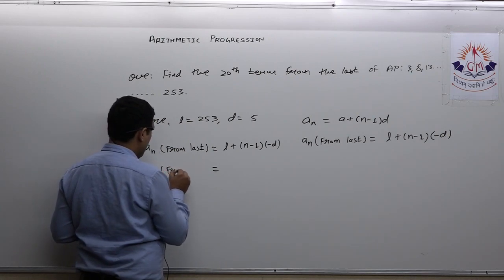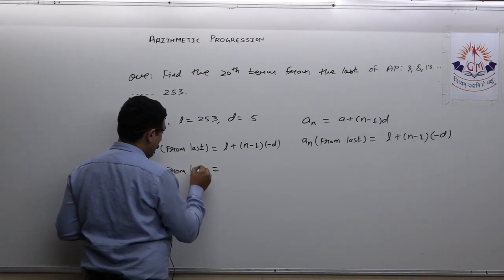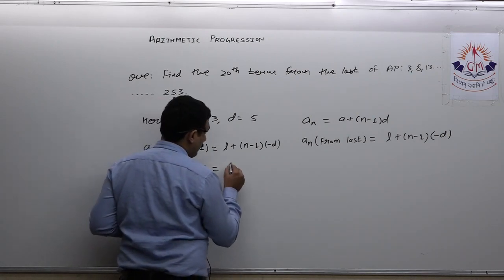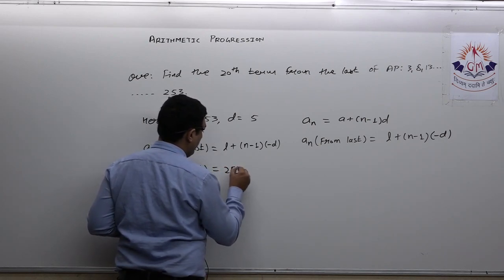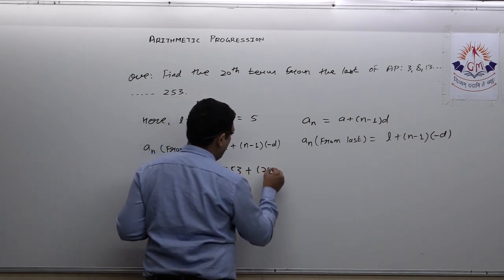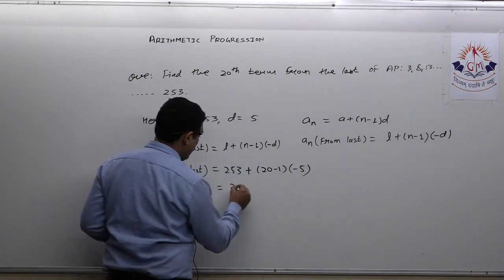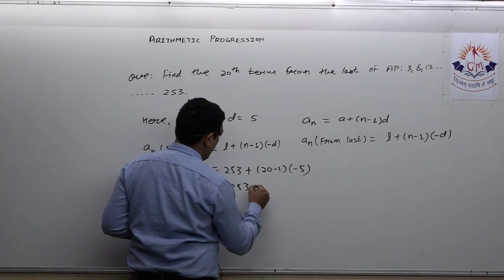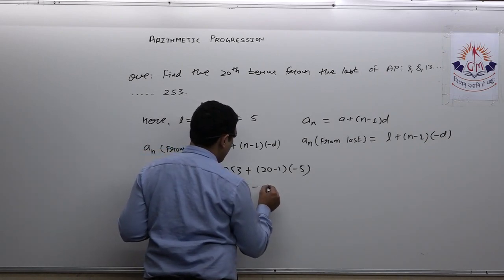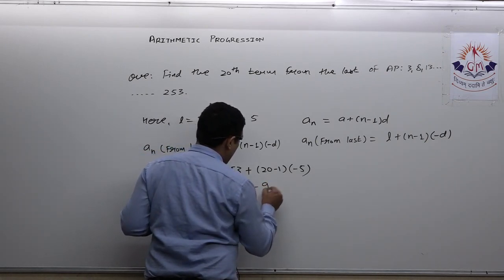So a_20 from last, at the place of l I will put 253 plus 20 minus 1 into minus 5. Just by simplifying this: 253, 20 minus 1 is 19, 19 into 5 is minus 95.